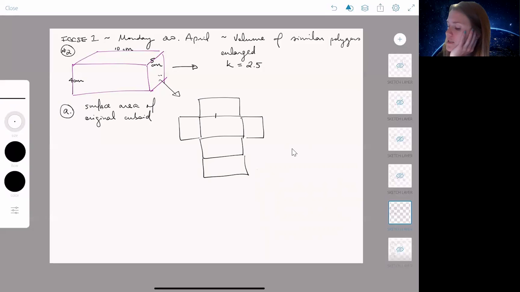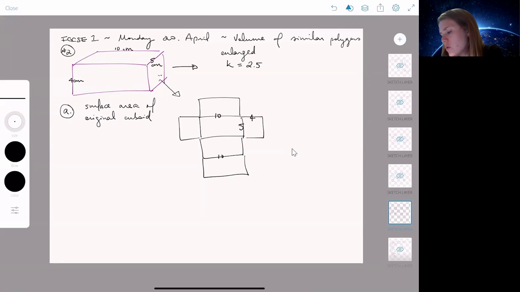And I know that this is going to be 10, 10, 10, 10, right? I don't need all those, just like this. And I know that this one here is going to be 5, and this one's going to be 4, okay?